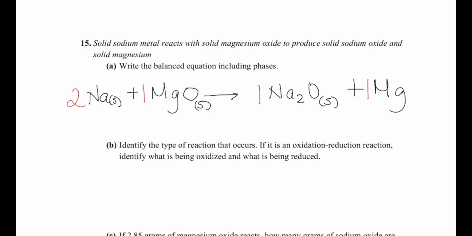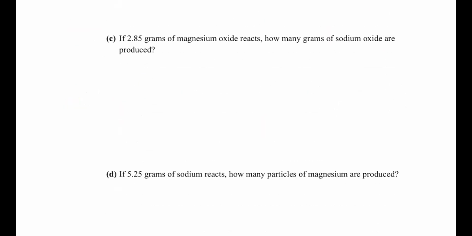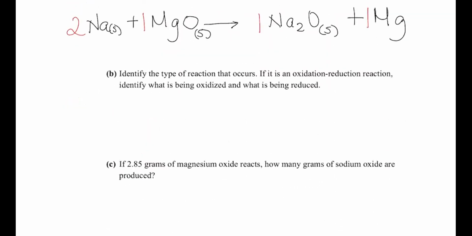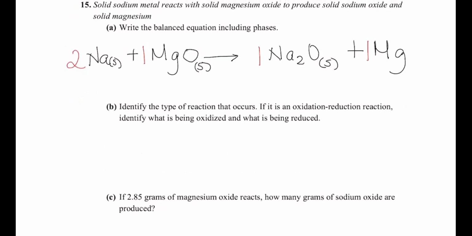This in part B is just asking about oxidation reduction. Do we need to go through letter B? Because I'd rather go through the calculations. I can just write the answers. No? Okay.